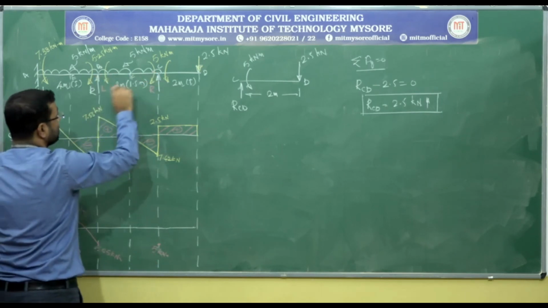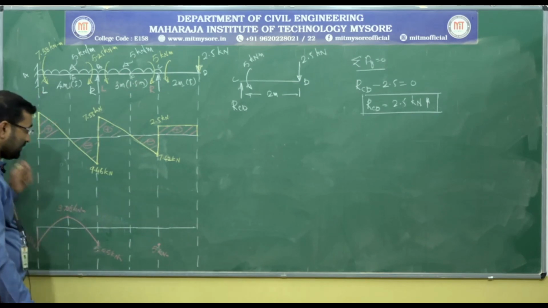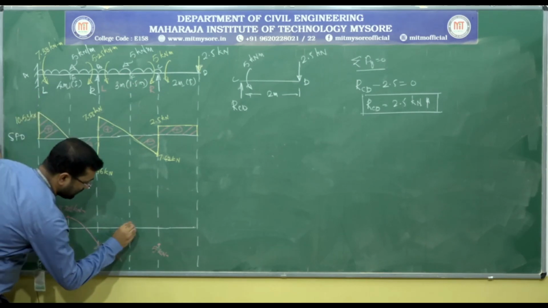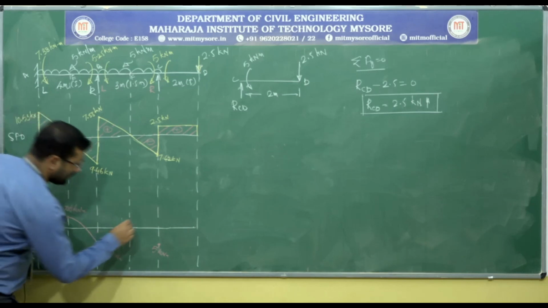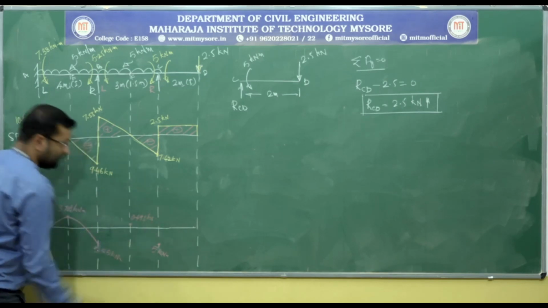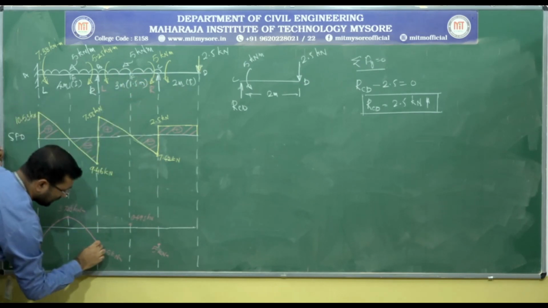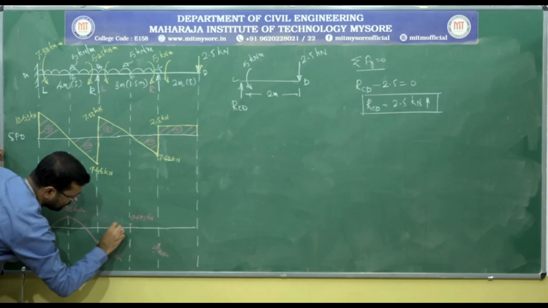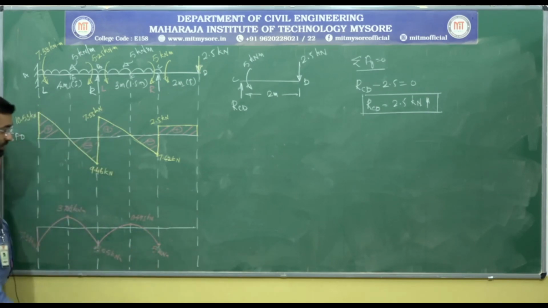But in between, at point F we have a positive bending moment, which is very, very low, that is 0.495 kilonewton meter. As the load is UDL, the variation is again parabolic in nature.